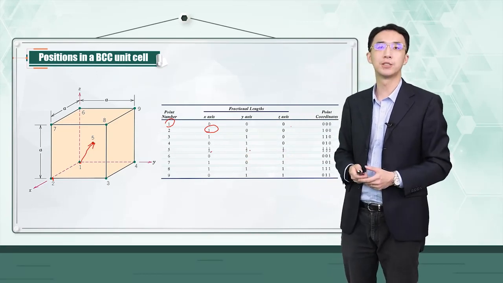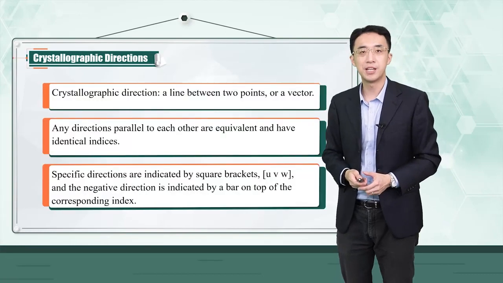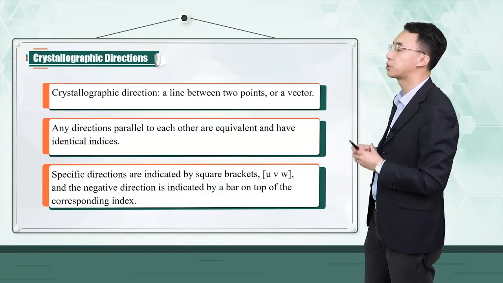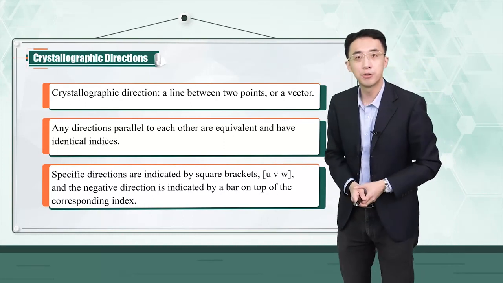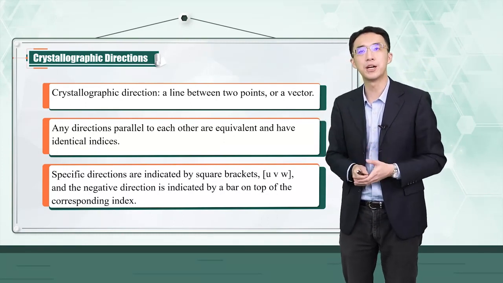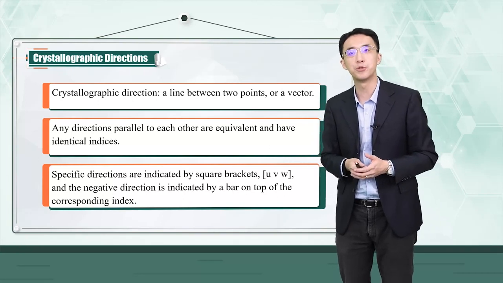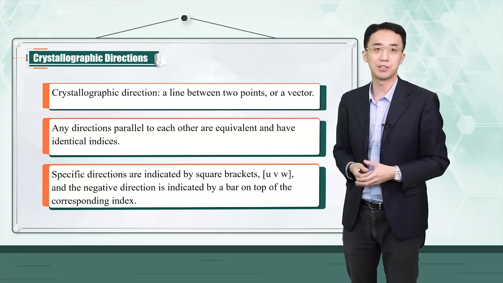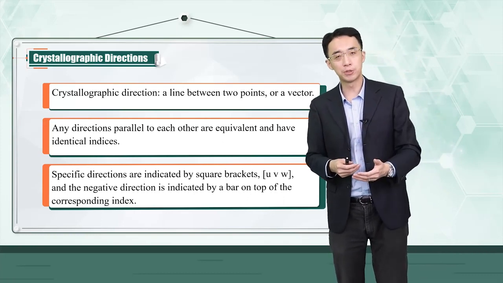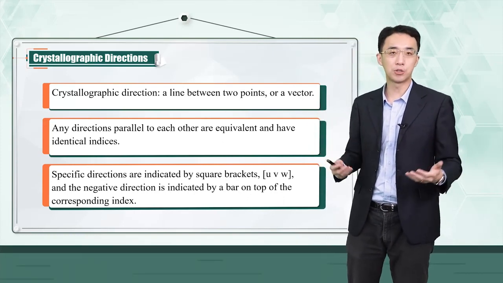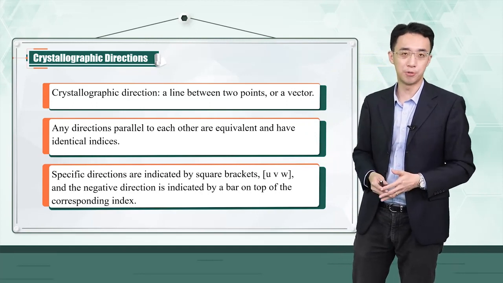So that's point coordinates. Second, we are going to see how to quantitatively describe crystallographic directions. A direction in a crystal structure is by definition a line between two points, which is a vector. There are several guidelines on how you can describe these crystallographic directions.